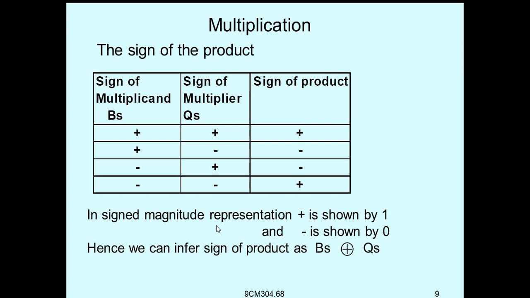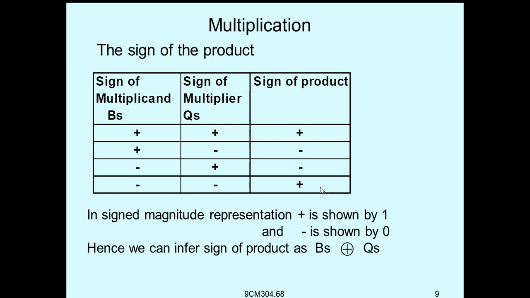In signed magnitude representation, positive is shown by 0 and negative is shown by 1. Hence we can infer the sign of the product by using the XOR operation. I told you in earlier classes, the addition of two numbers and the subtraction of two numbers.